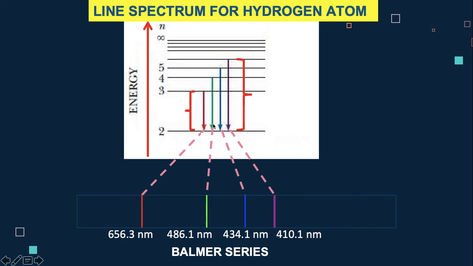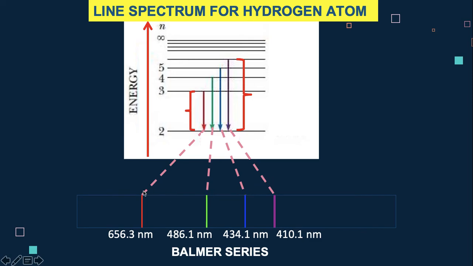From n equal to 4 to n equal to 2 has higher delta E. From n equal to 5 to n equal to 2 has higher delta E than this line. And n equal to 6 to n equal to 2 has higher energy than these three.